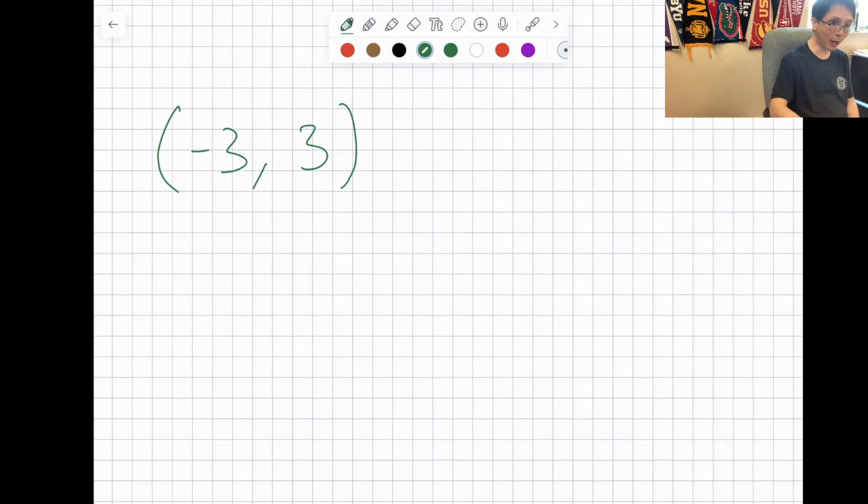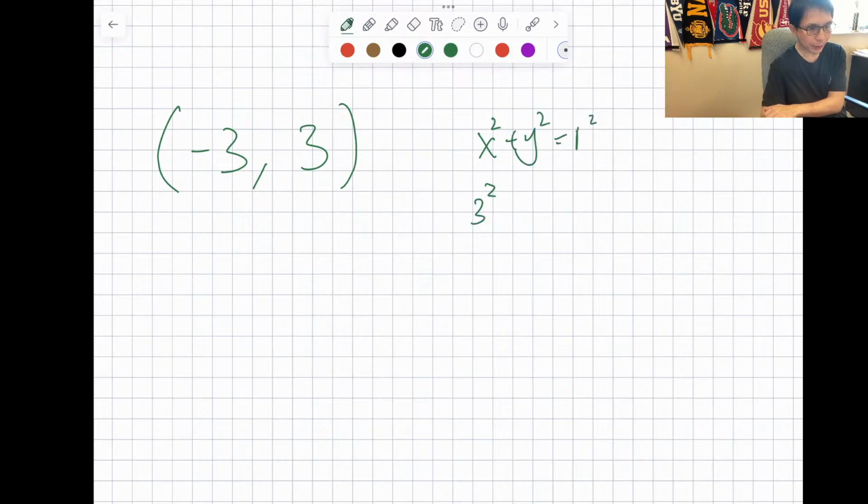So let's start with this. It'll be negative 3 squared plus 3 squared, right? So that's equal to 18, equal to r squared.